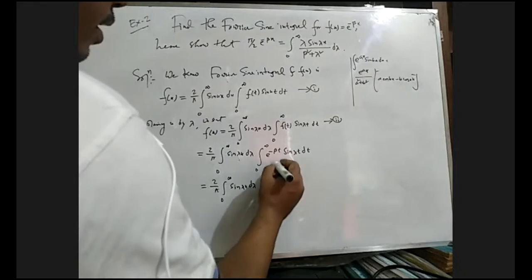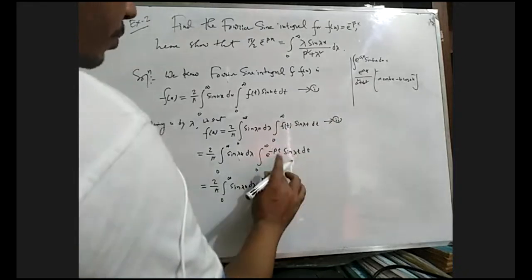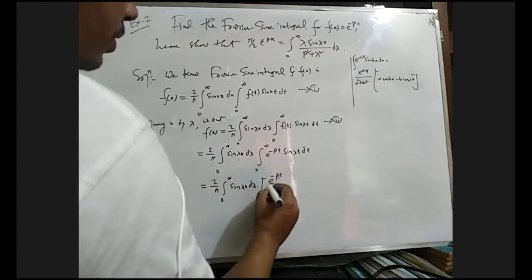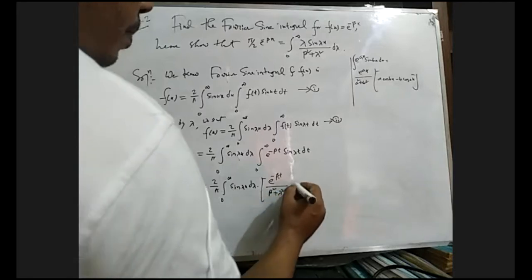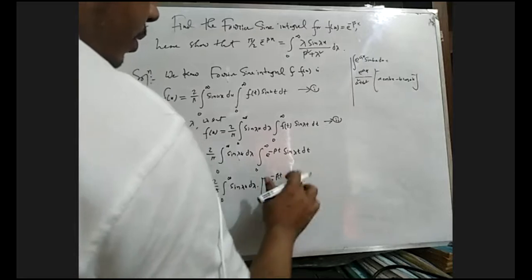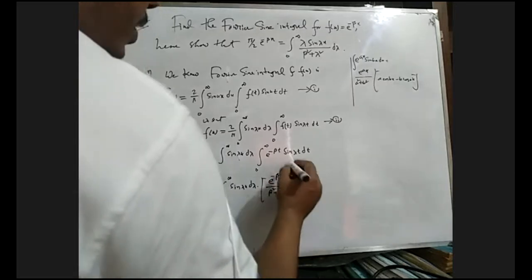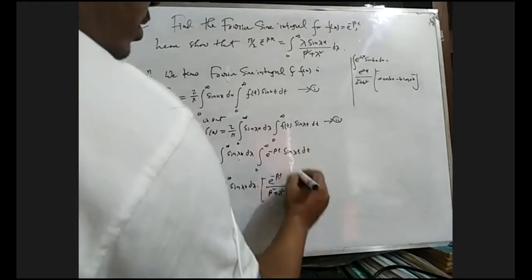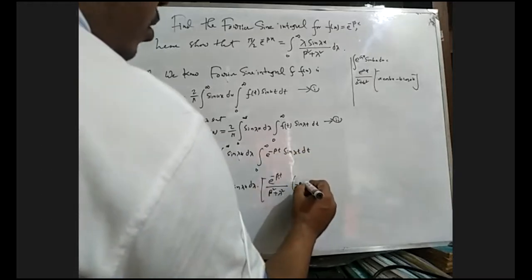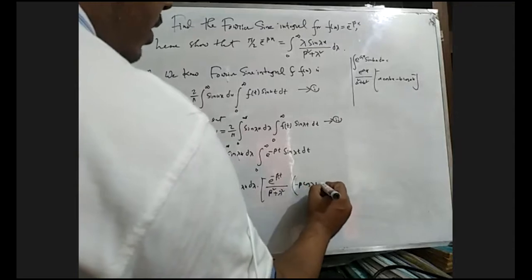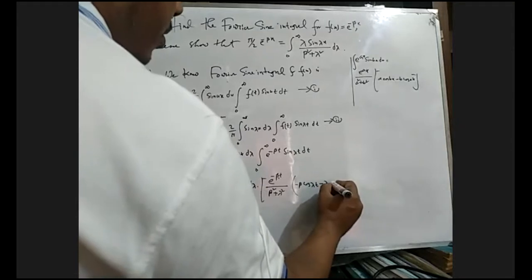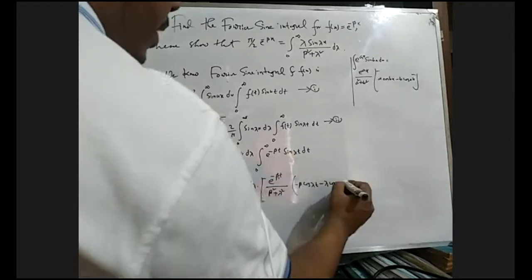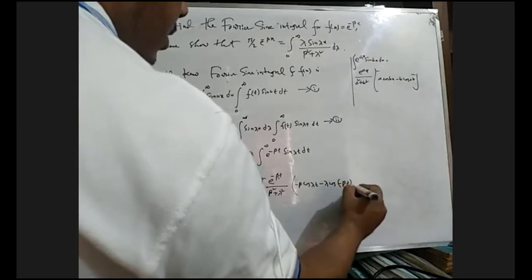So e to the power ax means e to the power minus beta t, divided by beta square plus lambda square, within brackets a sine lambda t, which is minus beta sine lambda t, minus b cos lambda t, which is lambda cos lambda t.